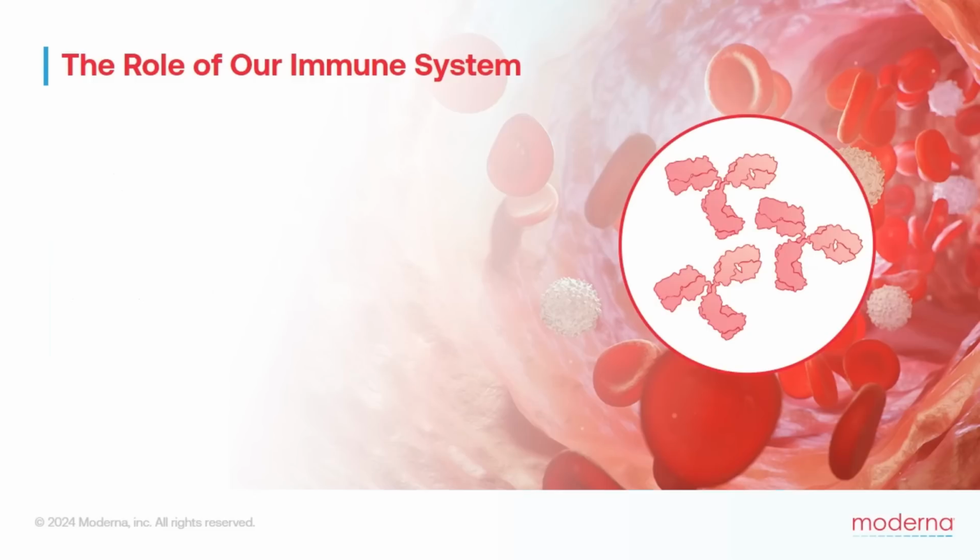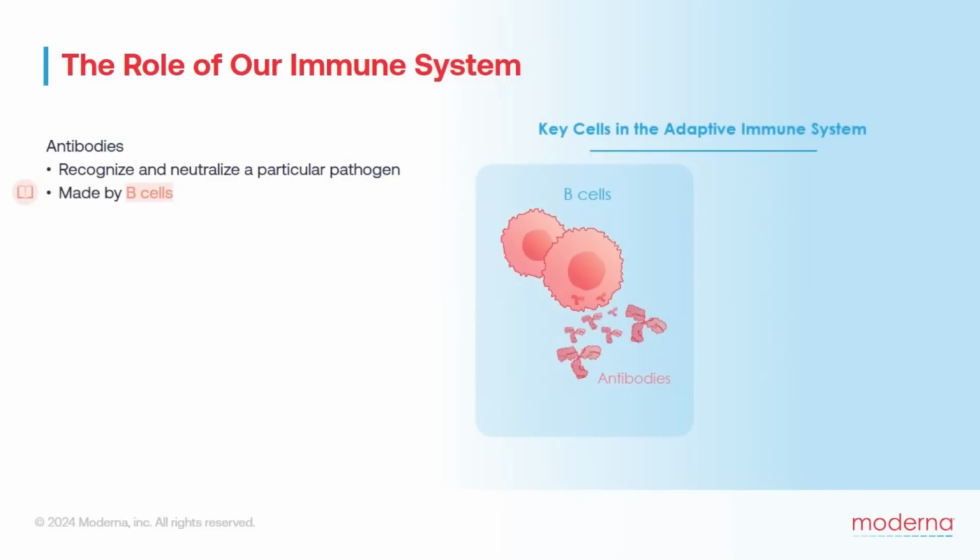Now, when you hear the words immune system, what probably comes to mind are antibodies, which are proteins in the bloodstream that recognize and neutralize a particular pathogen. Antibodies are made by B cells, one of the key cell types that make up our adaptive immune system.